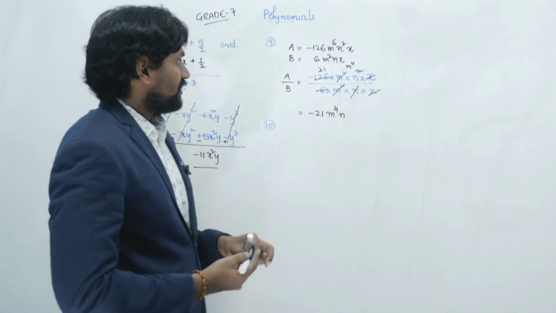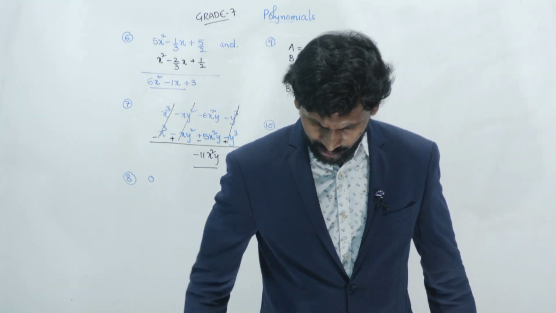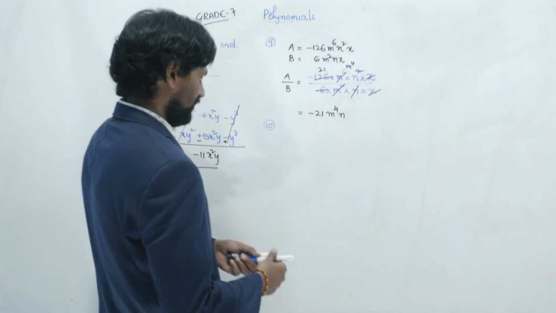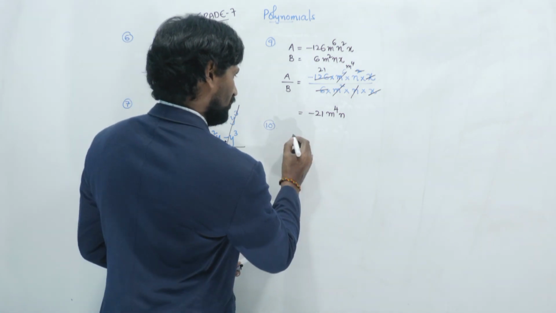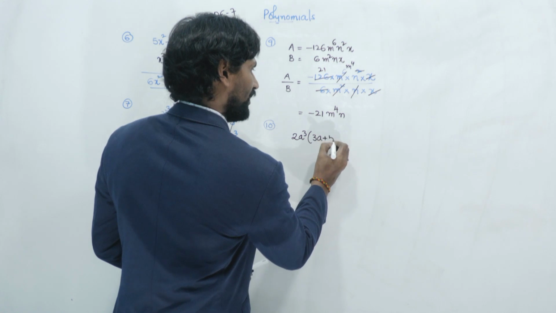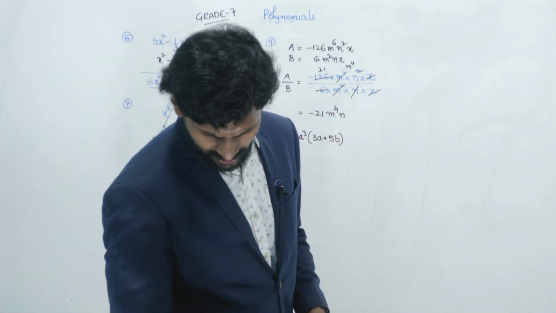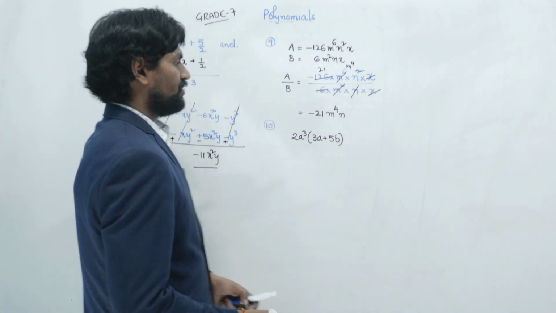The 10th problem is given: the value of 2a cube into 3a plus 5b at a equals 1, b equals 2.